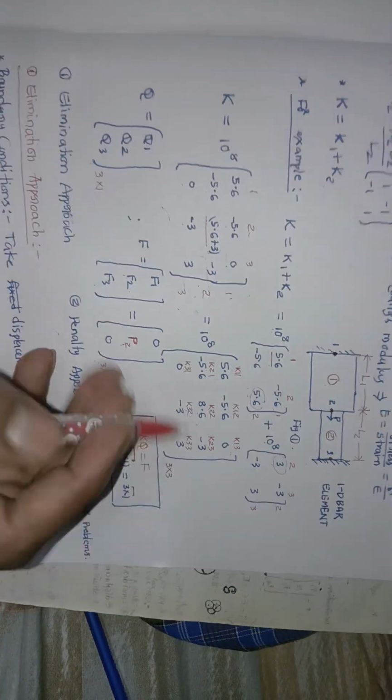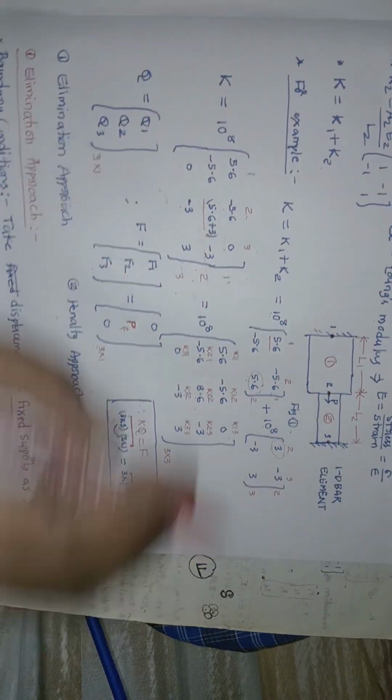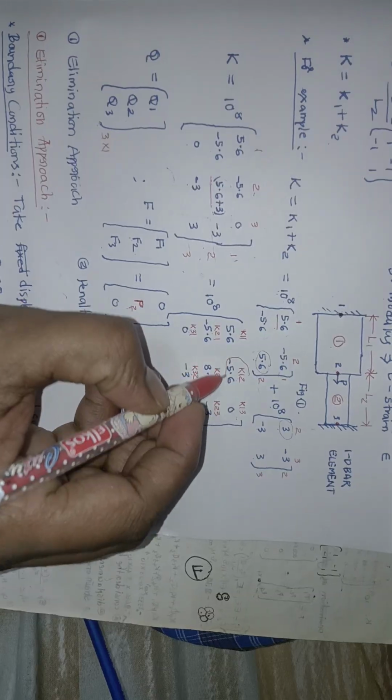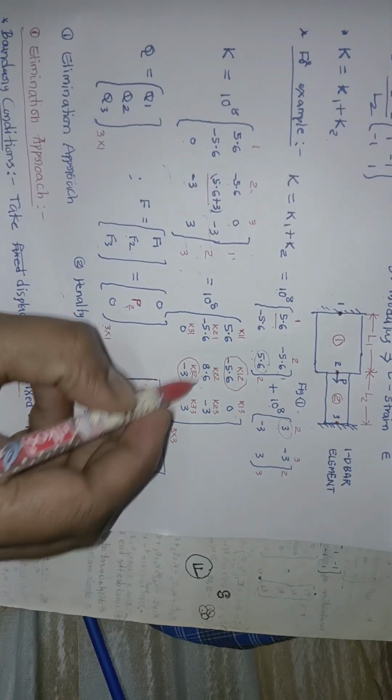Okay. Then to find the reaction forces, you can use the similar formula: K11, K12, K13, F1, R1, and K31, 32, 33. Here you can cancel all the values, since Q1 and Q3 are 0. Then only Q2 remains, and you know all the values here. This is K12, and this is K32.